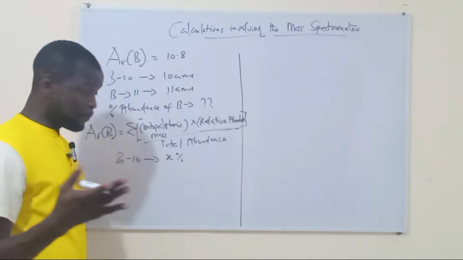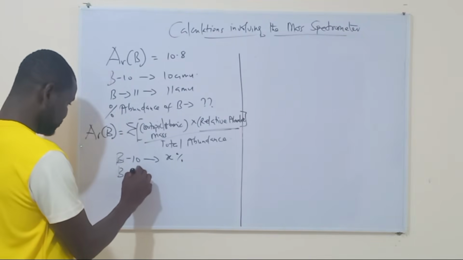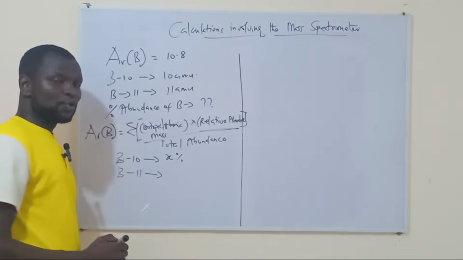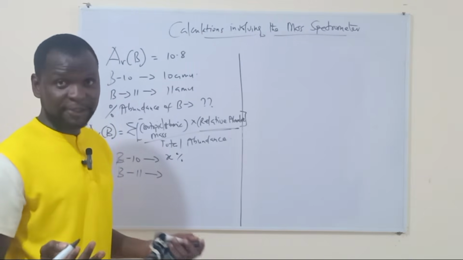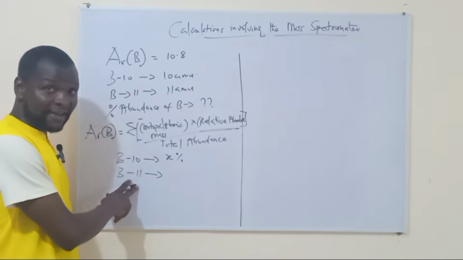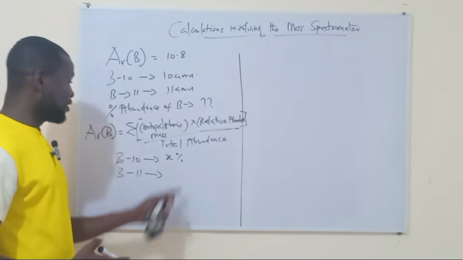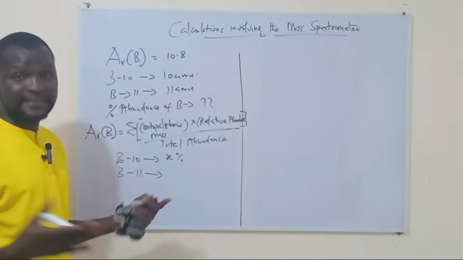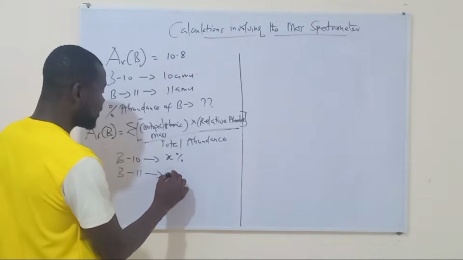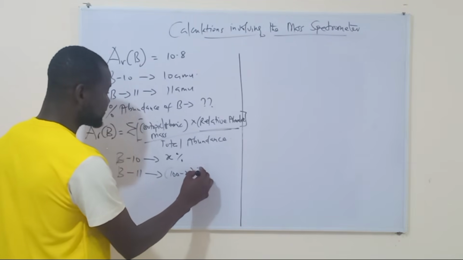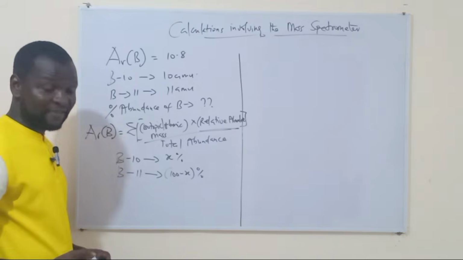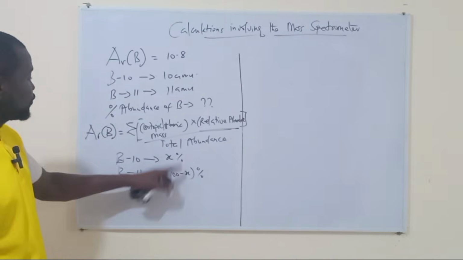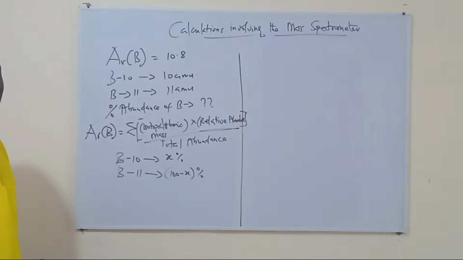The next is boron 11. If boron 10 is x%, then boron 11 is, subtracting from the total percentage of 100, 100 minus x%. So we substitute this information into our formula.